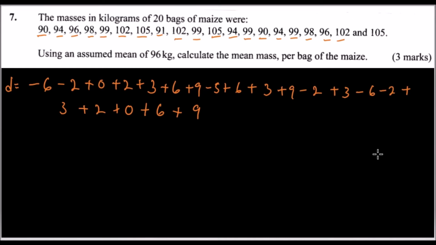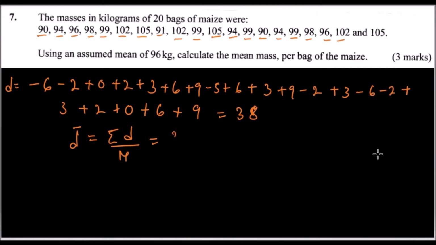So the mean of D is equal to the summation of D divided by the number of data. If you add all these, you get the summation of D equals 38.